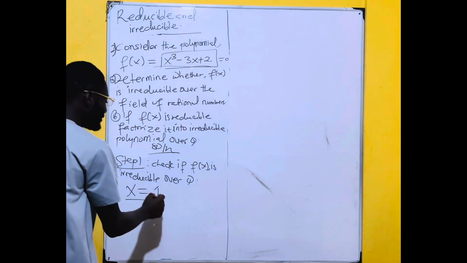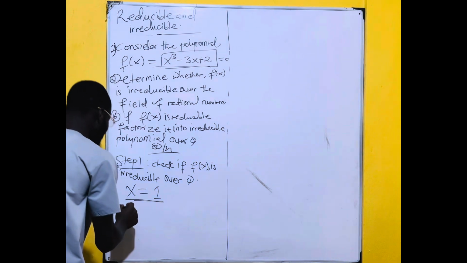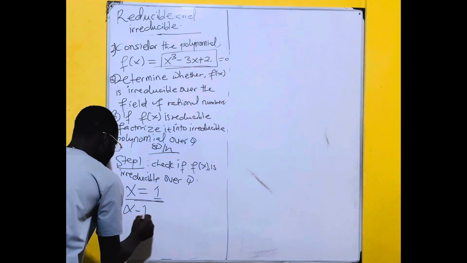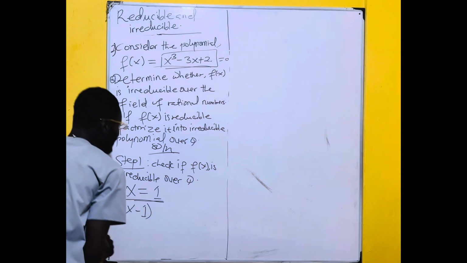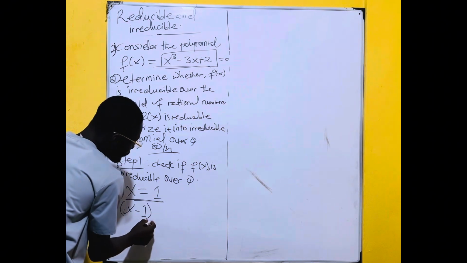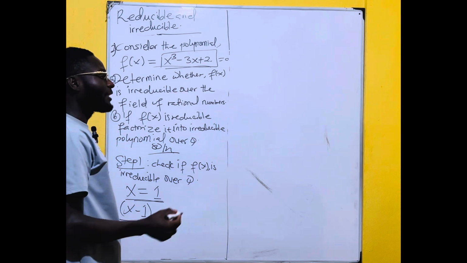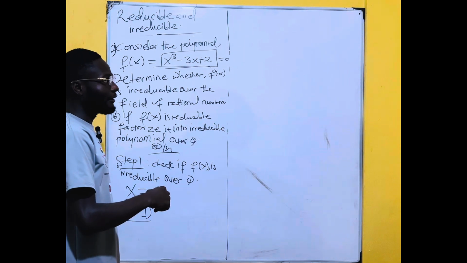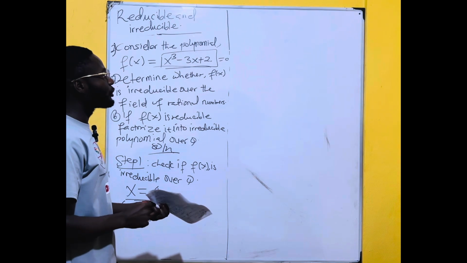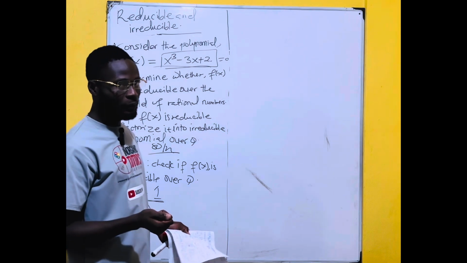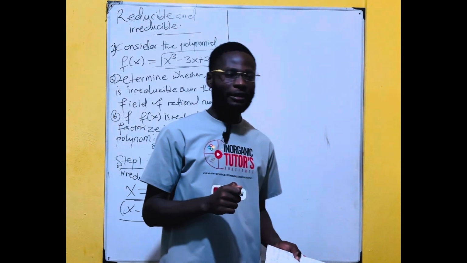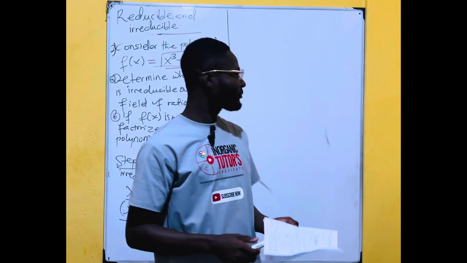So x equals 1 is a factor, which means that x minus 1 is a factor. Now, we are going to use this factor to find the other factors. So we are going to use either the synthetic approach here or the long division approach.